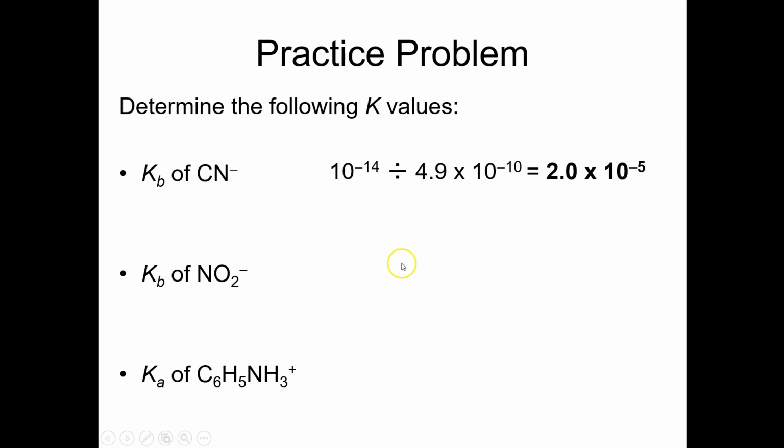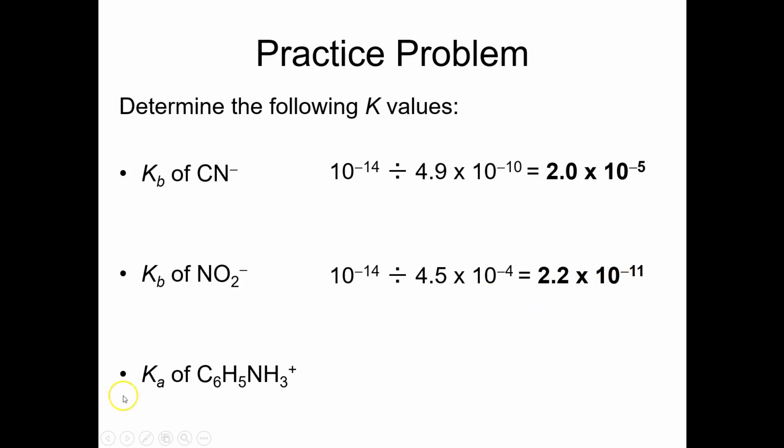What about the Kb of nitrite? Well, Appendix D1 tells you that the Ka of nitrous acid is 4.5 times 10 to the minus 4th. So to get the Kb of nitrite, I divide Kw by Ka, and that gives me the Kb of nitrite as being 2.2 times 10 to the minus 11.